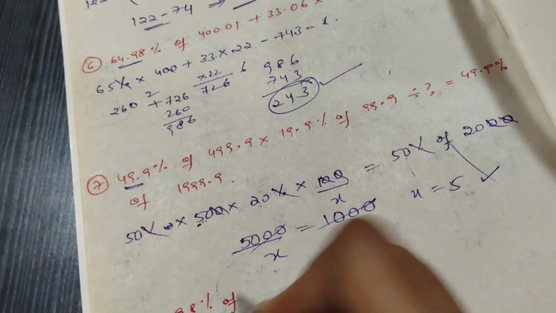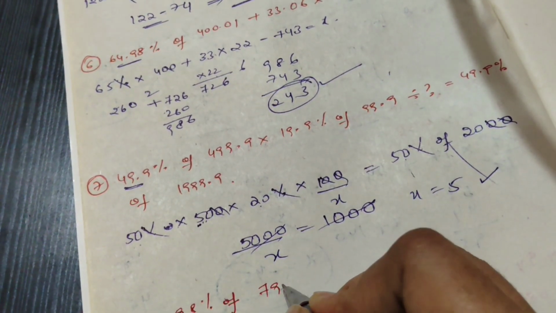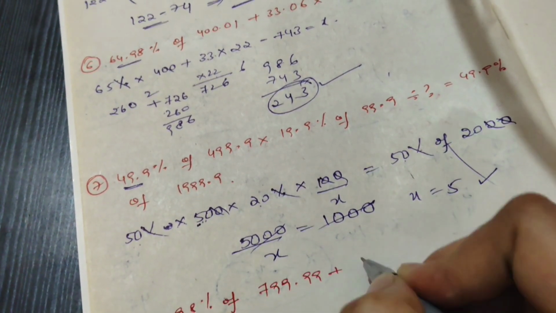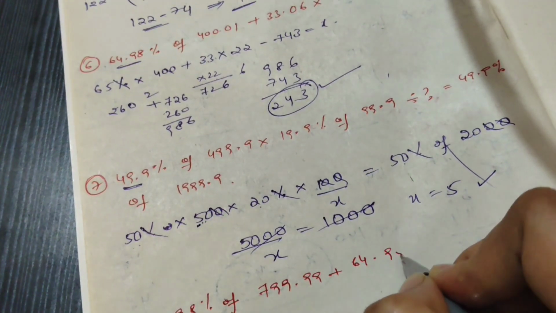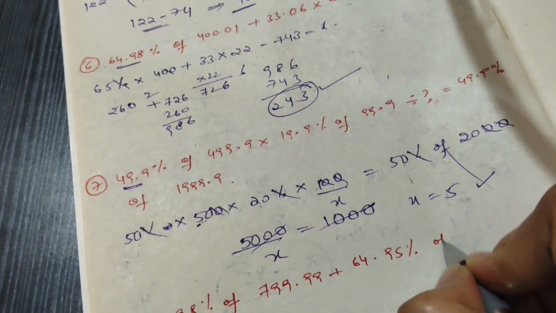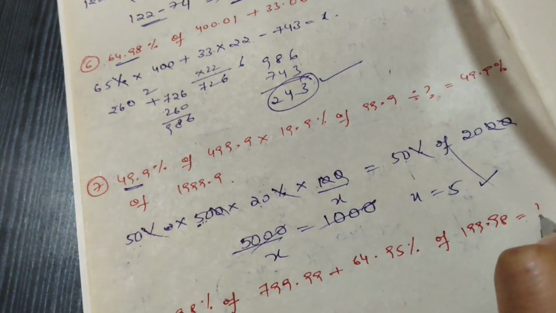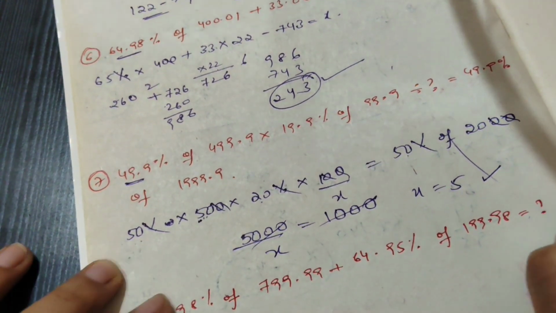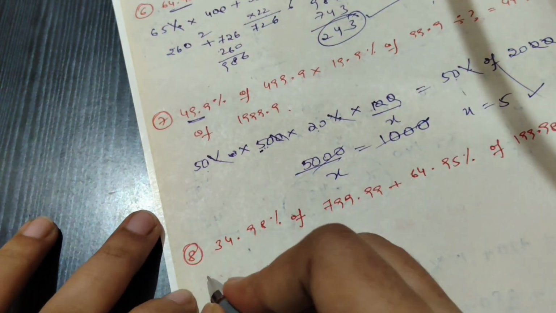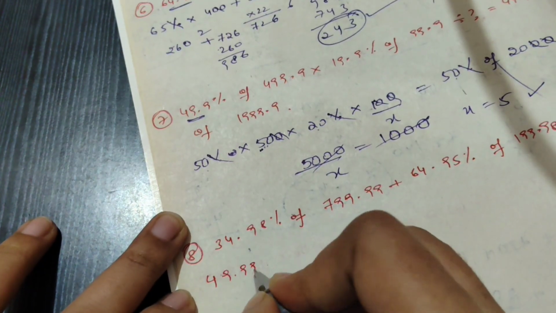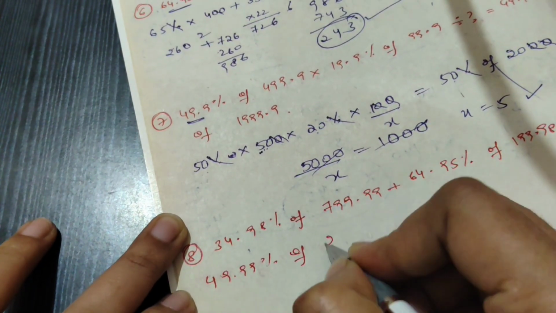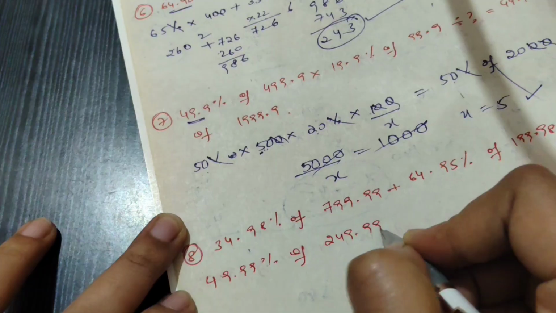34.98% of 799.99 plus 64.95% of 199.98 equals question mark plus 49.99% of 249.99.